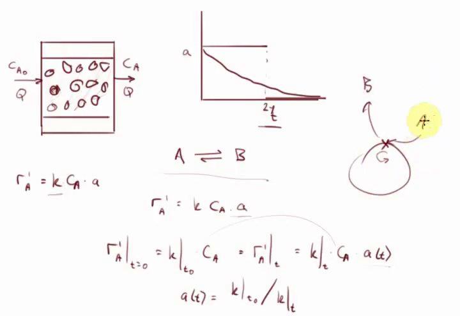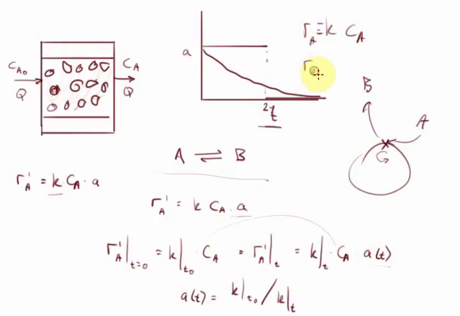So while that's going on in parallel, we've got some other reaction going on that's causing our activity to be lost. So in the same way that we can write k C_A for the reaction rate in the loss of A, we can also write some other rate expression for the catalyst.